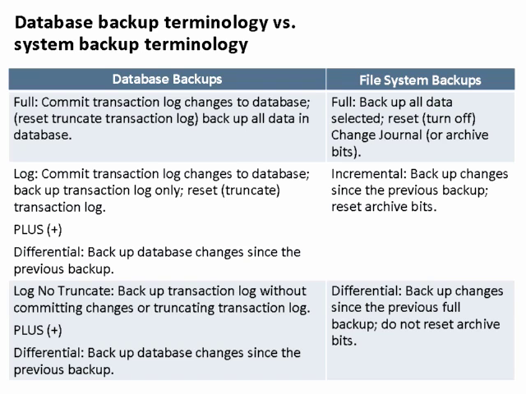If I want to do a partial backup against a file system, I can do an incremental backup, which means that I'm backing up only the things that have changed since the previous backup, and it resets either the change journal or the archive bits.